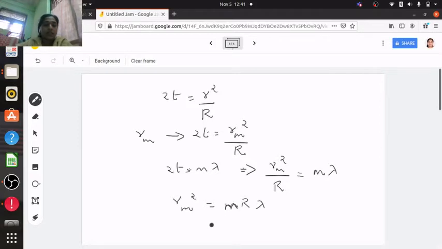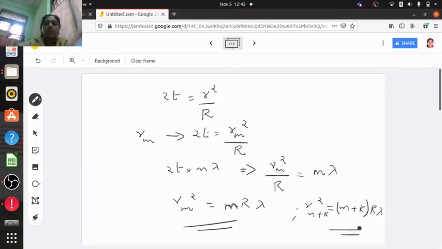This is actually the expression for the radius of the mth ring. If R(m+k) is the radius of the (m+k)th ring, we can write this equation as R(m+k) square is equal to (m+k) R lambda, where k is just an integer.